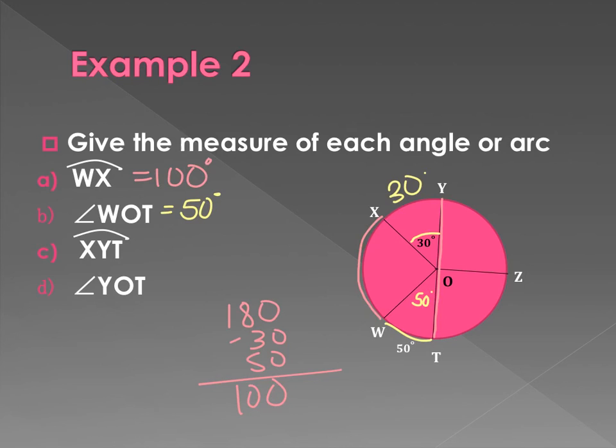XYT, so X, Y, T. How do I find that? Good, 180 plus 30, which would be 210. And then the last one, angle WOT, which is this full angle here, which is what? 180 degrees.